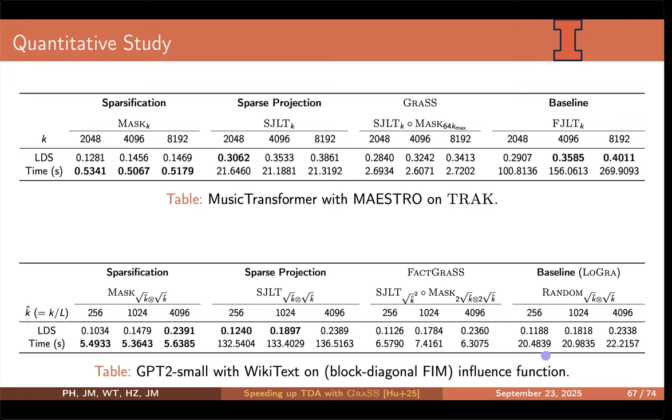It is actually worse than random. But you see, if we use flat graphs, we can still see a considerable performance gain compared to LoGra. LoGra is the state-of-the-art compression method for linear layers, but now we can beat it by 3 times faster, and we can still get a comparable LDS.